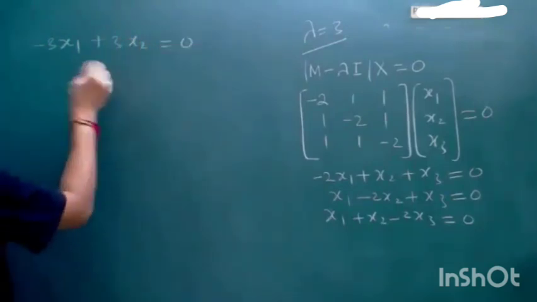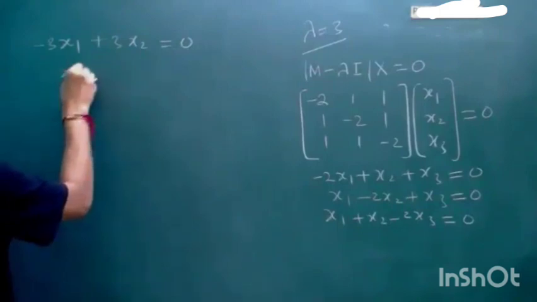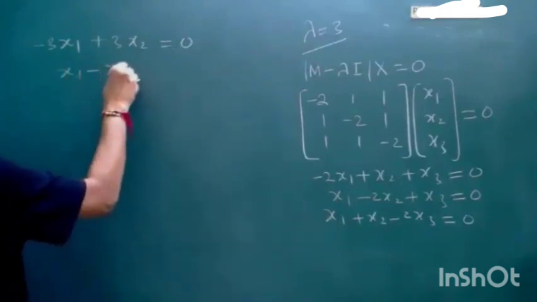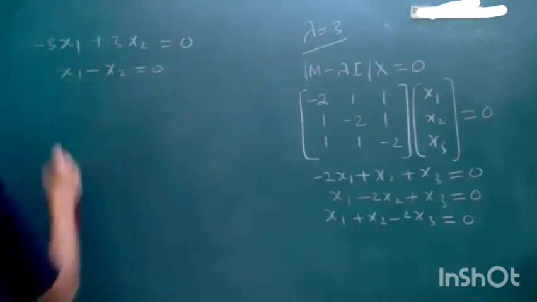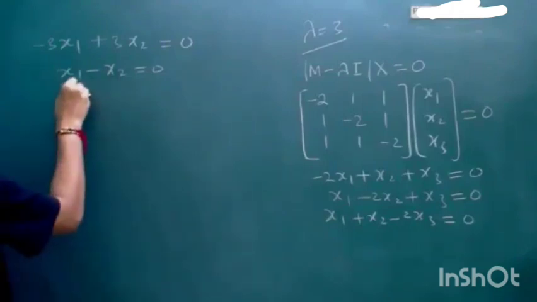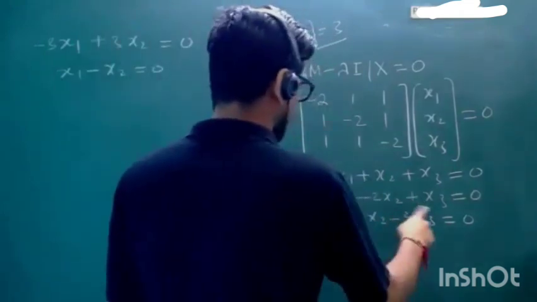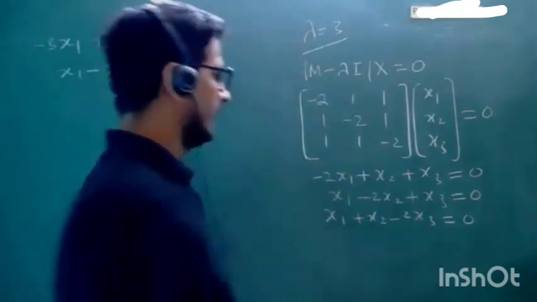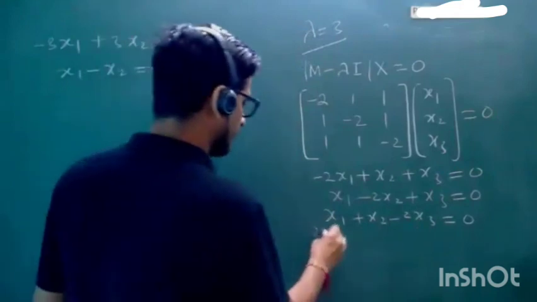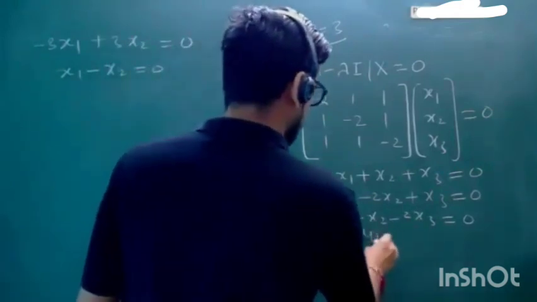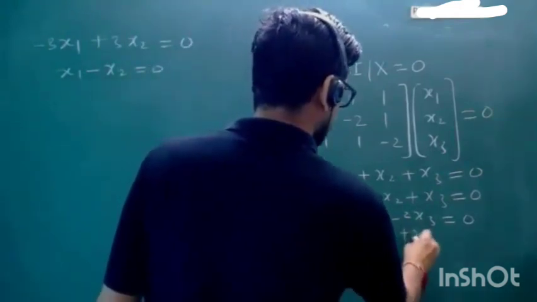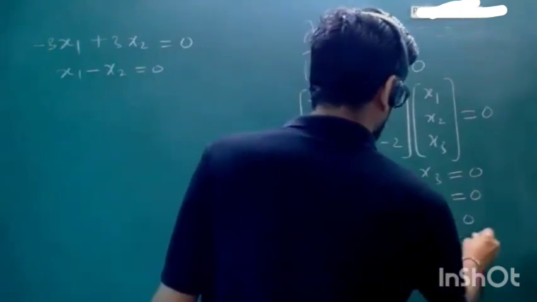So it will become x1 minus x2 is equal to 0. So this is the equation. And if you just multiply it by 2, then what you will get? 2x1 minus 4x2 plus 2x3 is equal to 0. These two equations are same.